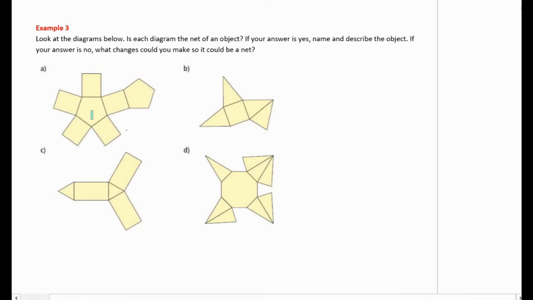Does this have identical bottom and the top? I think it has identical bottom and the top, which is pentagon. And the letter faces are rectangle, so this is a pentagonal prism.